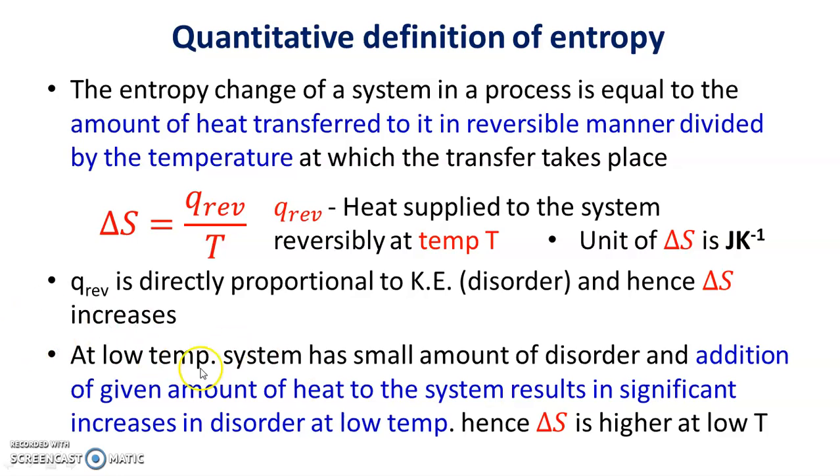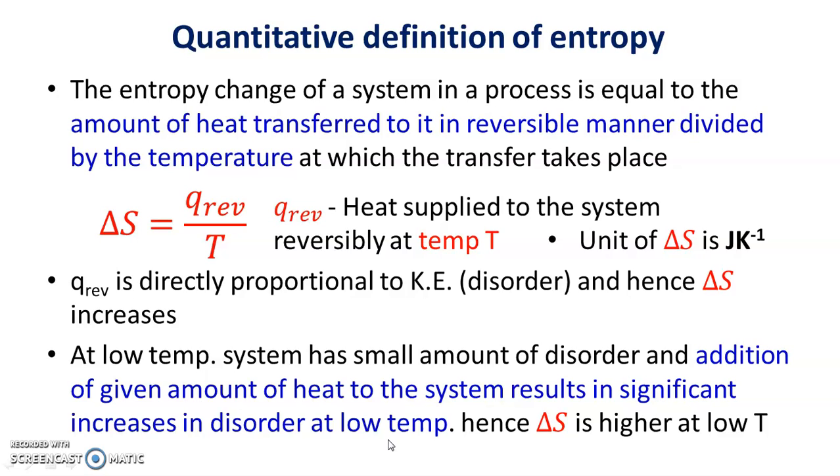But at low temperature, as the system has a small amount of disorder, addition of a given amount of heat to the system results in a significant increase in disorder at low temperature, and hence delta S is high at low temperature. On the other hand, if the system has high temperature, it already has a large amount of randomness.